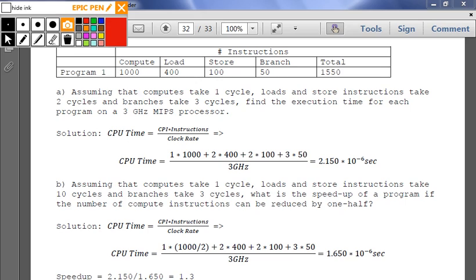So this is where Amdahl's law is in Part B. I have 1,000 compute instructions that take 1 cycle per instruction, right? So that's how that affects the overall execution time of the original computer. So now the engineer comes by and says, I can get you the exact same result by dividing the number of computes in half. So now that becomes our new execution time. So that's how Amdahl's law comes into play.